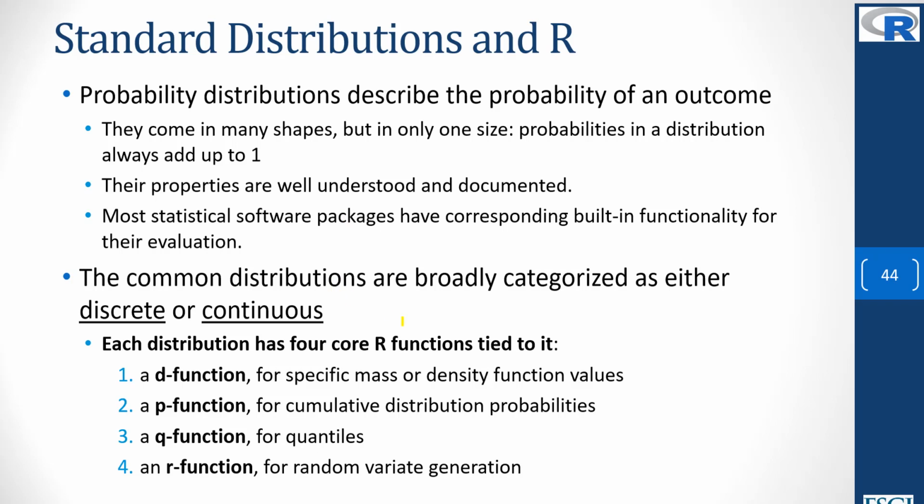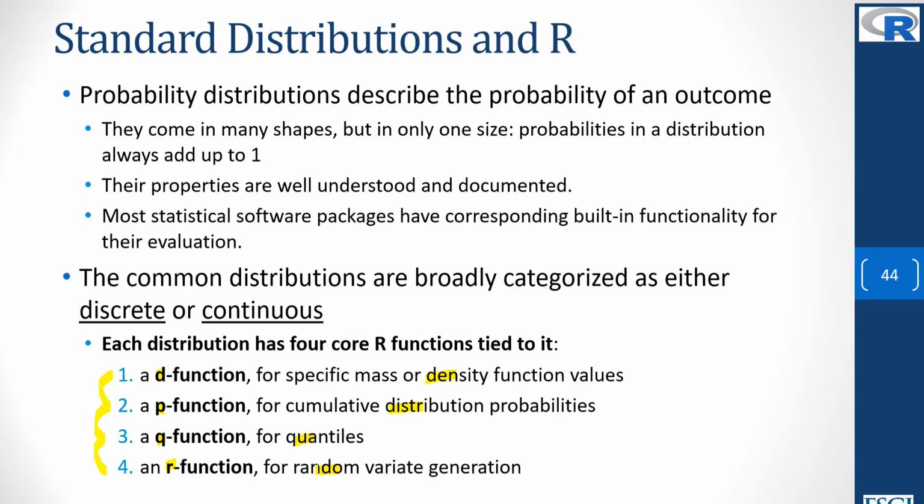We have 4 different functions that are associated with the distributions based on the distribution type. We have a D function, a P function, a Q function, and an R function. You can see the different purposes here for calculating the density, the cumulative distributions, the quantiles, and random variates.